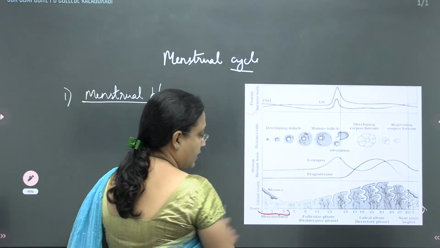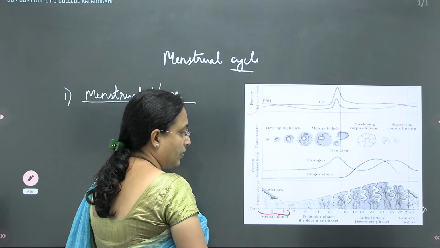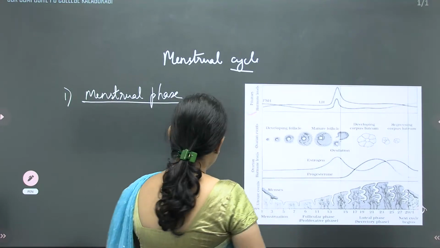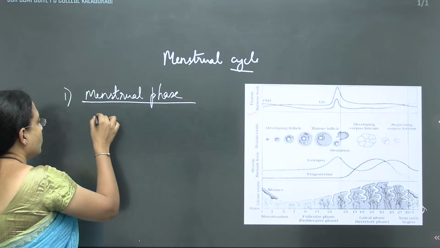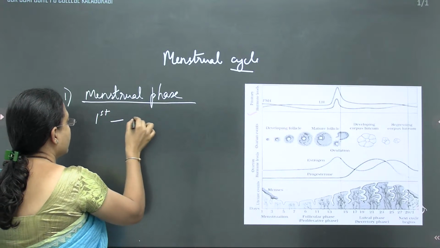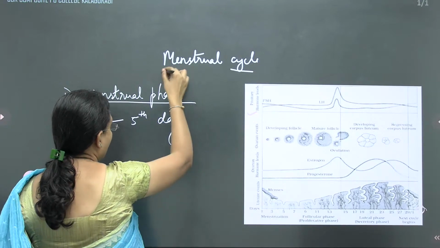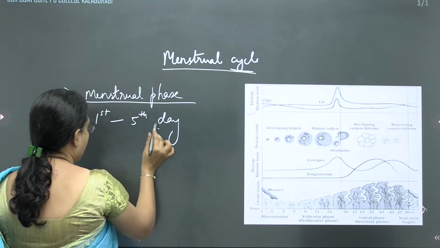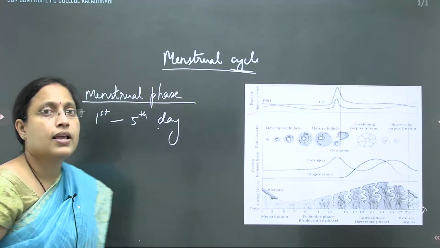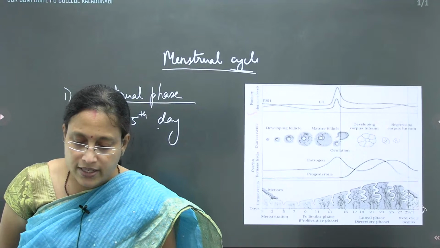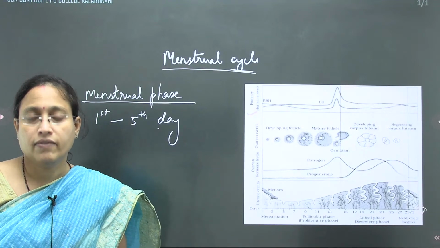So the number of days: the first to fifth day of the menstrual cycle is called the menstrual phase. Now, what is the nature of this phase? How many days the discharge will occur also depends.